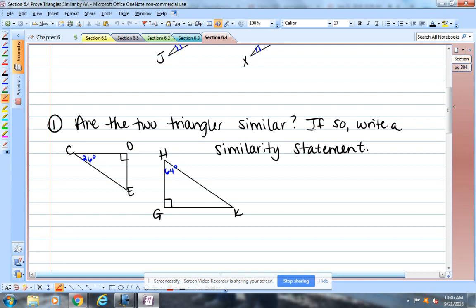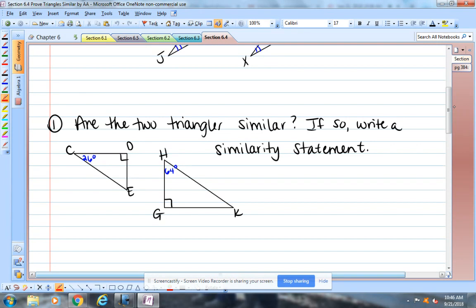They're right triangles. How do you know they're right triangles? They have a right angle. So we know that D and G are congruent. Right? We know the measure in D and G are the same because they're both 90 degrees. Okay? We also know that C is 26 degrees and angle H is 64 degrees.